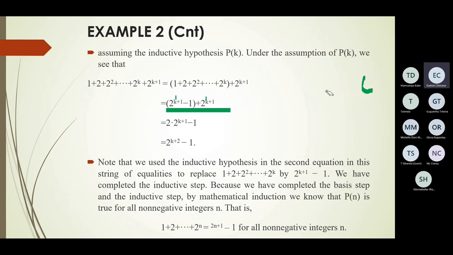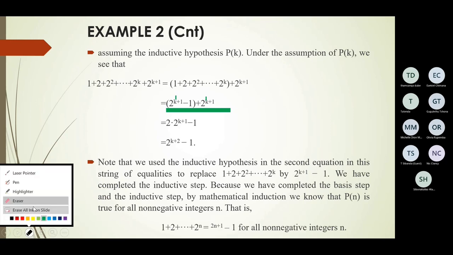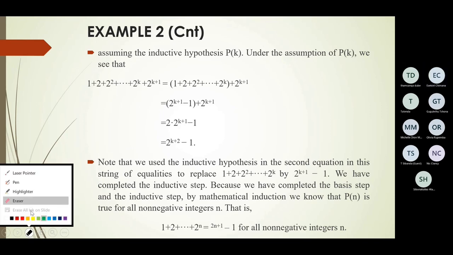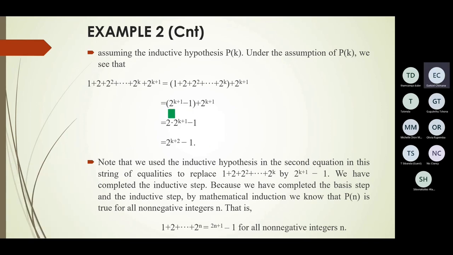So here we know that 2 times 2 to the power k plus 1, since our bases are equal, we can also add powers.